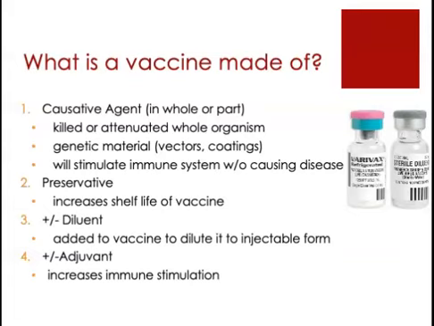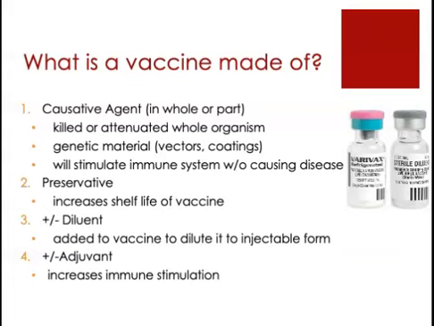Whole organism vaccines have really fallen out of favor, although we still use them. It's likely that in the future, these whole organism vaccines won't be made anymore. In other words, we won't develop new vaccines that use whole organism technology.